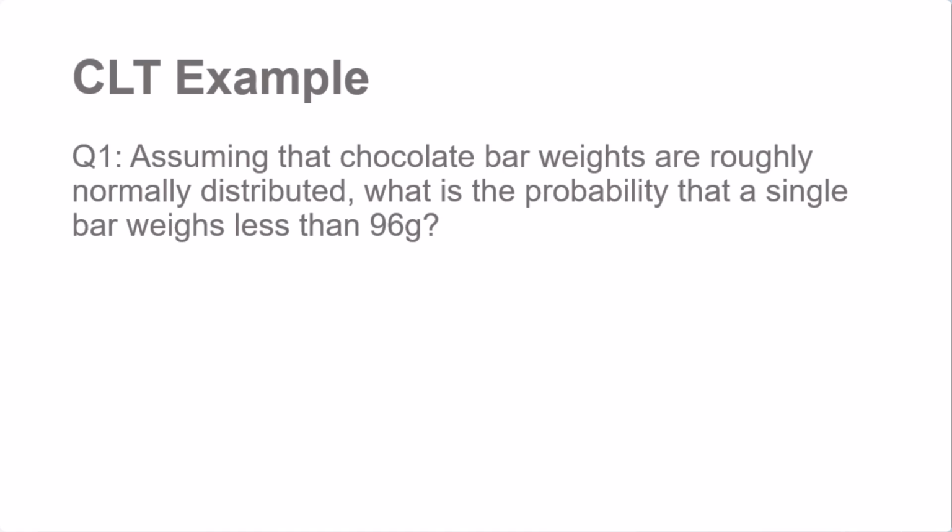So this question is not a central limit theorem question. This is just talking about an individual chocolate bar from the population of all possible chocolate bars, which we're assuming is a normal distribution. Here's my wonky normal curve here. And we know that the mean of this normal distribution was the mean of those chocolate bar weights. That was mu, or 100 grams. And then the standard deviation was the standard deviation of the chocolate bar weights, which was 15 grams.